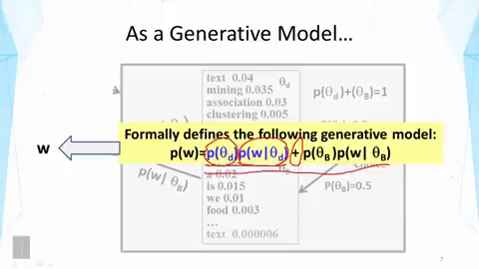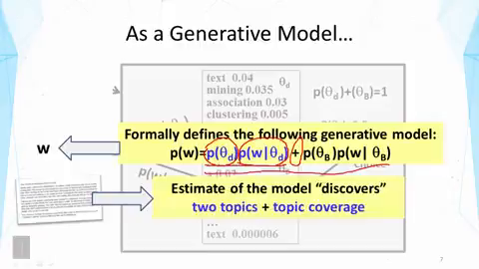So now, once we set up the model and we can write down the likelihood function, as we see here, the next question is how can we estimate the parameters, or what to do with the parameters given the data? Well, in general, we can use some observed text data to estimate the model parameters. And this estimation would allow us to discover interesting knowledge about the text. So in this case, what do we discover?